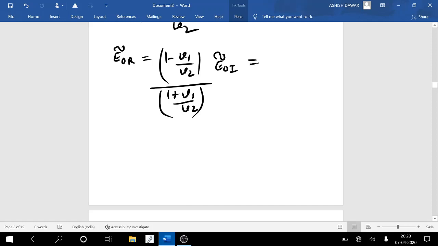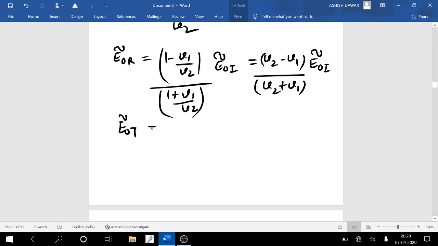So it becomes V2 minus V1 upon V2 plus V1 into E0I. And similarly, E0T is equal to 2V2 upon V2 plus V1 into E0I.